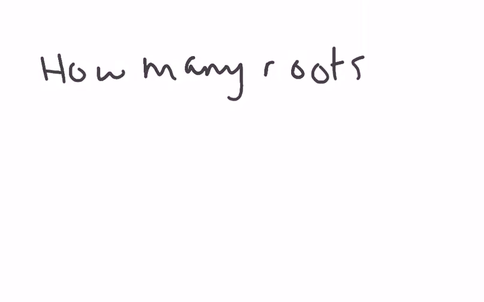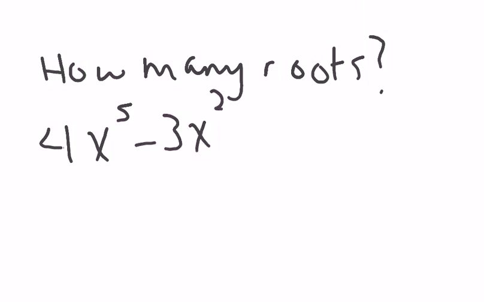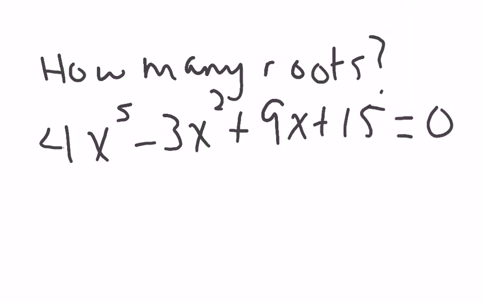So first question is, how many roots does the equation have? So let's look at an example. 4x to the 5th minus 3x squared plus 9x plus 15 equals 0.